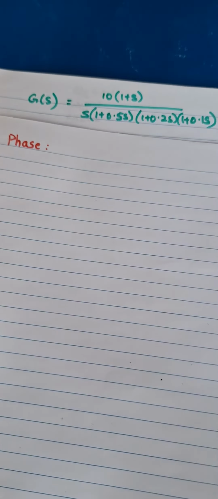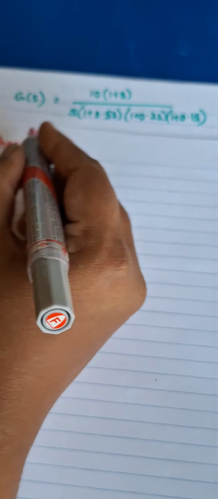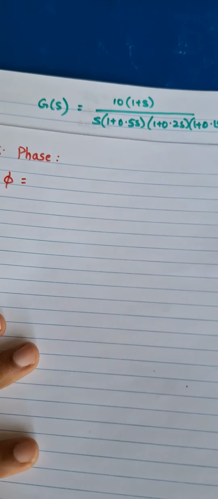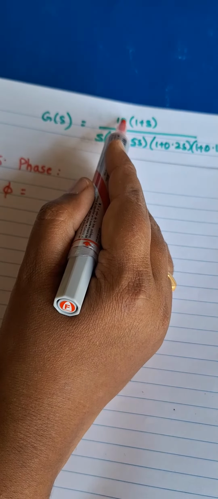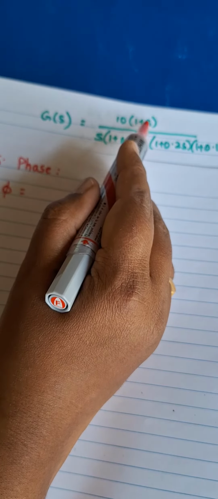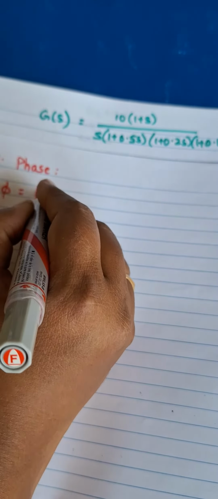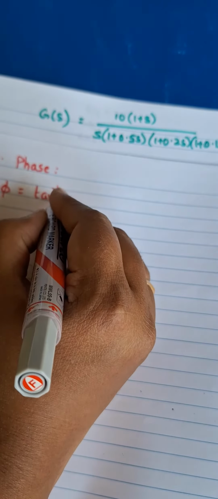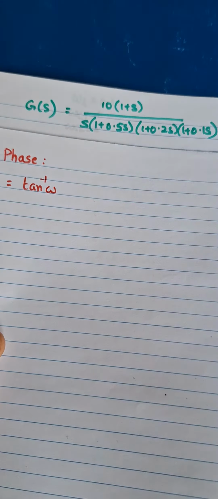So this is our final equation which we got, right? From this equation, let me write the phase formula. So phase phi is equal to, what is our phase? First 10, it's a constant. Constant has no phase. Then 1 plus ST means tan inverse tau omega. Tau means coefficient. Coefficient is 1, so it will be tan inverse omega.